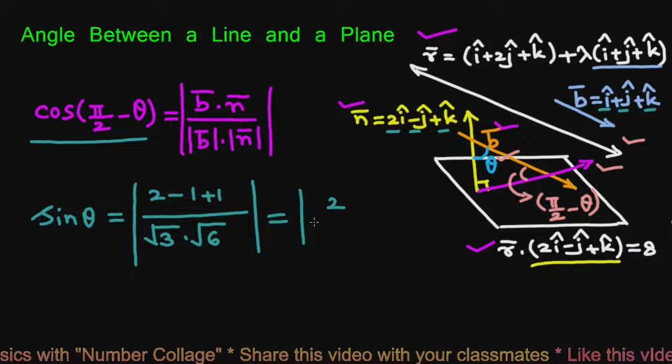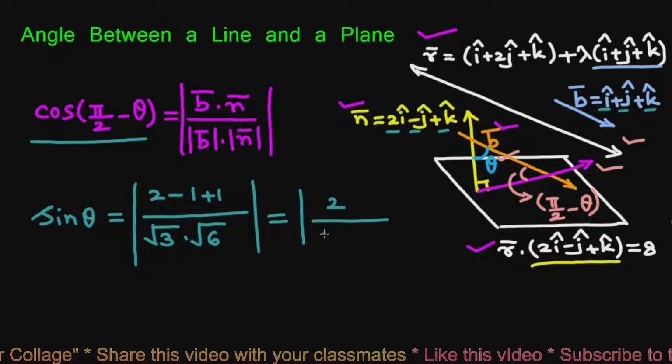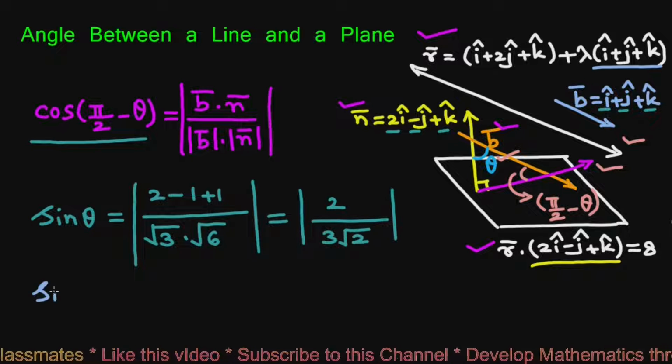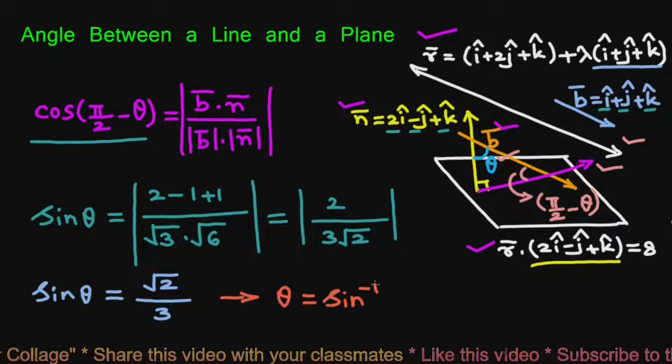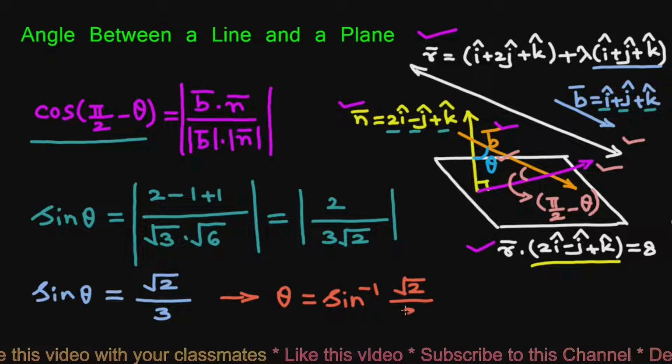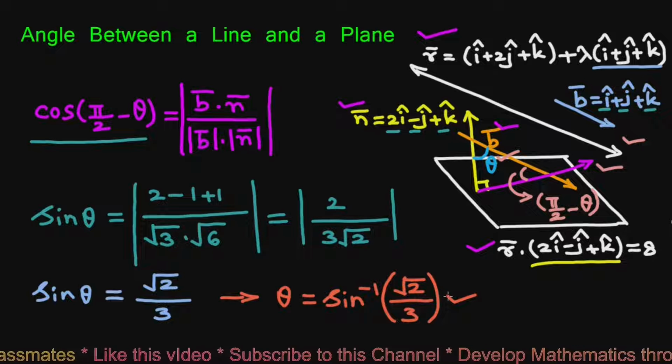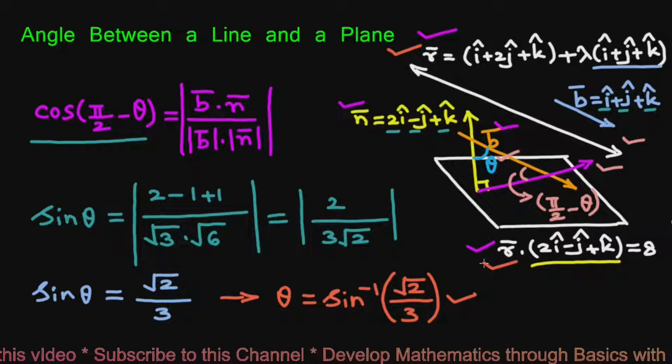Mod of 2 upon root 18, that will be 3 root 2. So sin theta will be root 2 upon 3, so theta will be sin inverse of root 2 upon 3. So this will be the angle between this line and this plane.